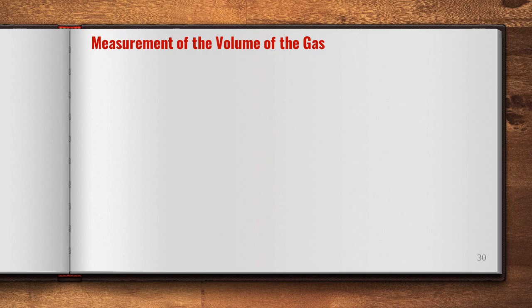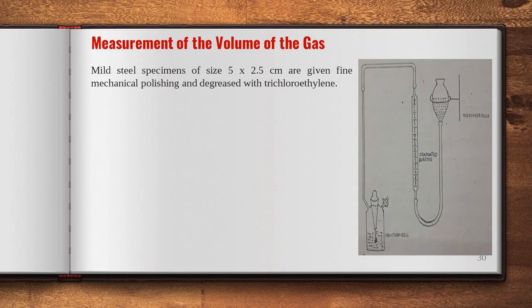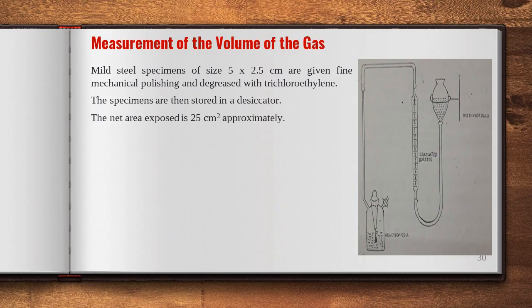Measurement of the volume of the gas to determine the inhibition efficiency. The mild steel specimens of size 5 by 2.5 centimeters are given a fine mechanical polishing and degreased with trichloroethylene. The specimens are then stored in a desiccator. The net area exposed is approximately 25 centimeters squared.